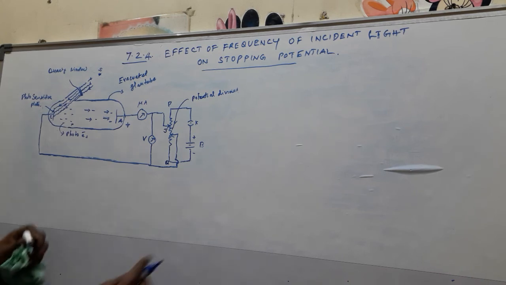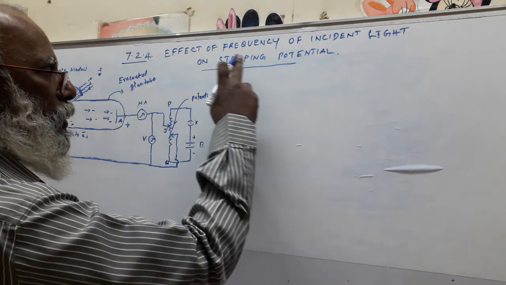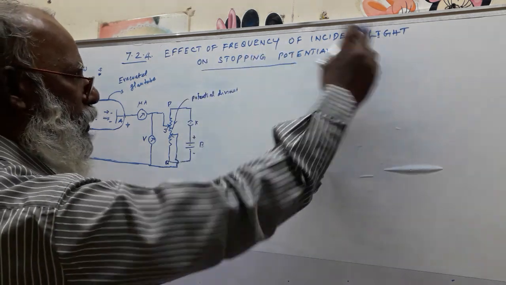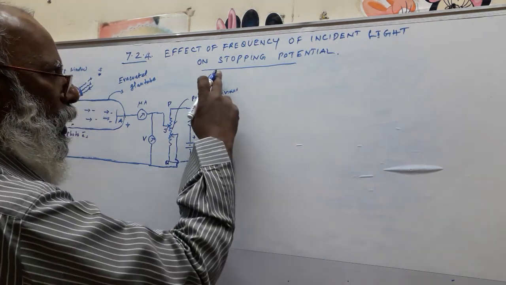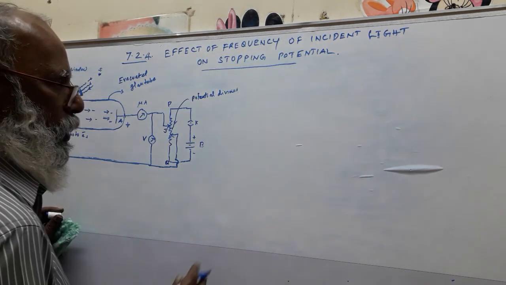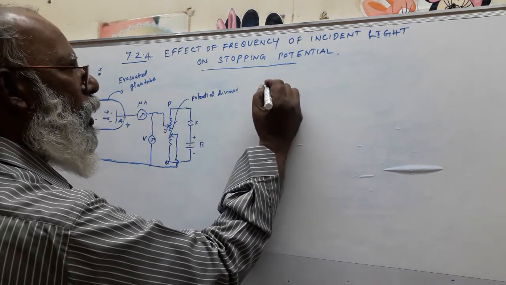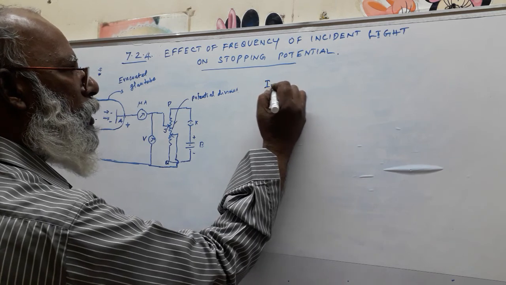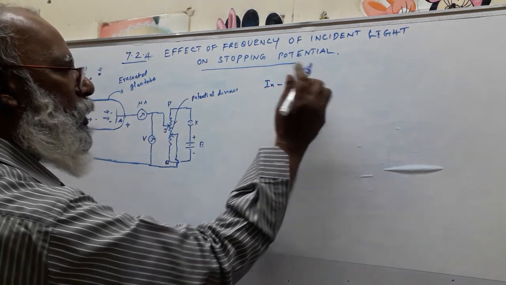Here we want to find the effect of frequency of incident light on the stopping potential, so we are keeping intensity constant. Intensity is a constant value.